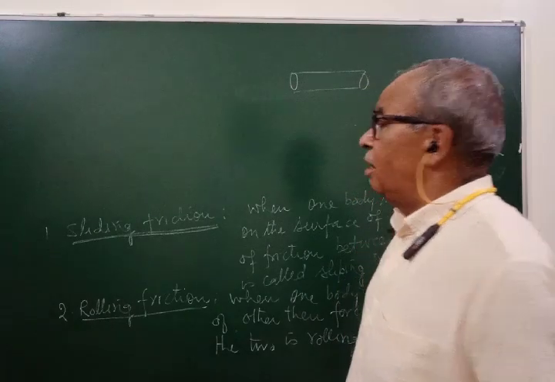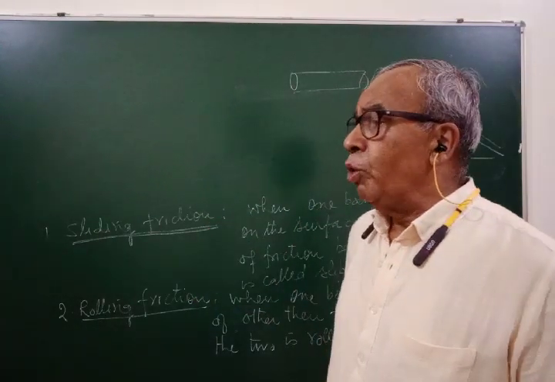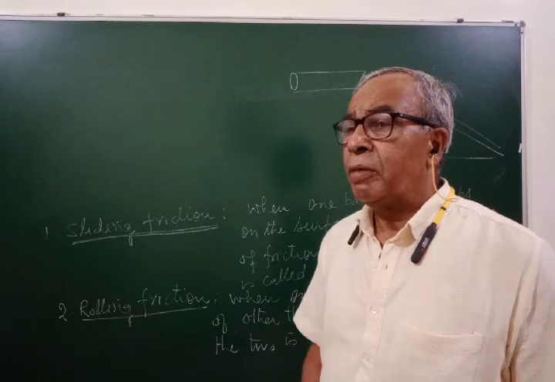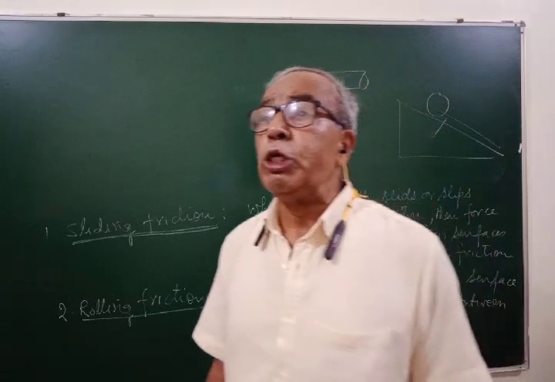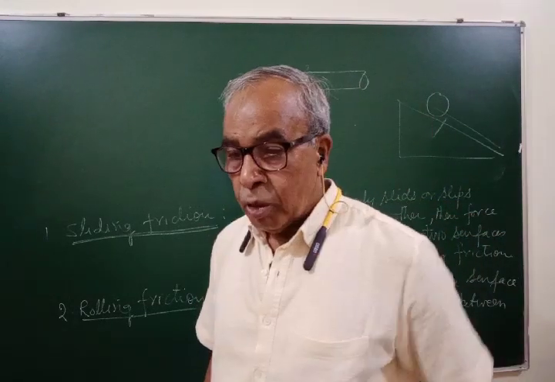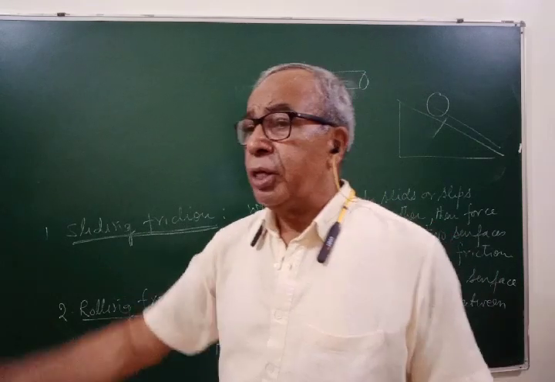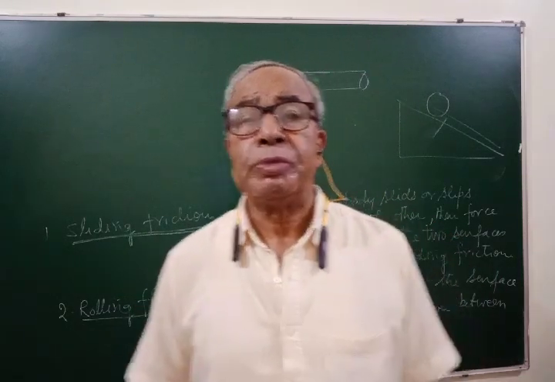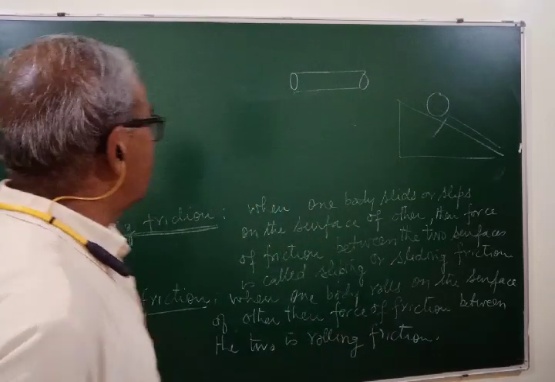Actually in one sentence you will learn that during perfect rolling, rolling friction is 0, but even then rolling things do stop, क्योंकि perfect rolling होता ही नहीं.